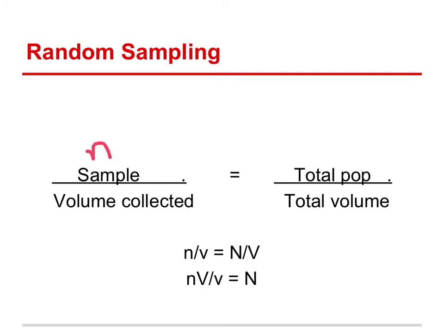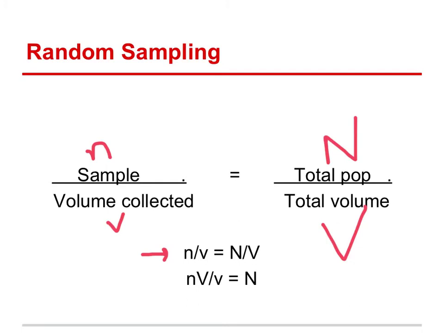And you'll take the volume or the area that you collected that sample from, that will be lowercase v. That will be proportional to the total population, which will be capital N, over the total volume or the total area, capital V. So what we have here is n divided by v is equal to capital N divided by capital V.